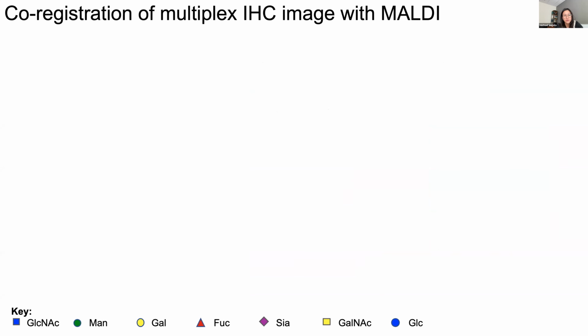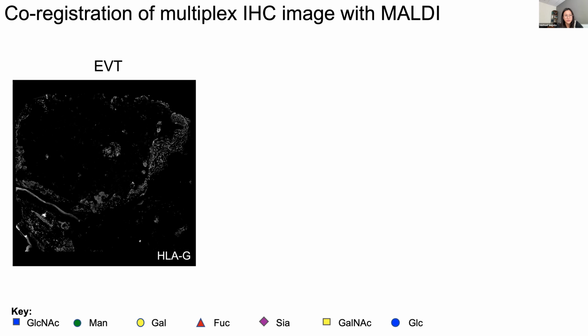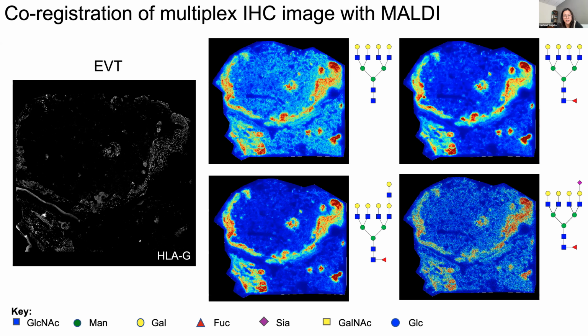So now, going to some ongoing work, we are looking at co-registration of multiplex IHC images with MALDI, and we want to directly associate extravillous trophoblast staining with images of highly branched glycans. This is an immunofluorescence staining of extravillous trophoblasts using HLA-G as a lineage marker. And on the same tissue section, we performed multi-glycan imaging, and these are some representative images of highly branched glycans.